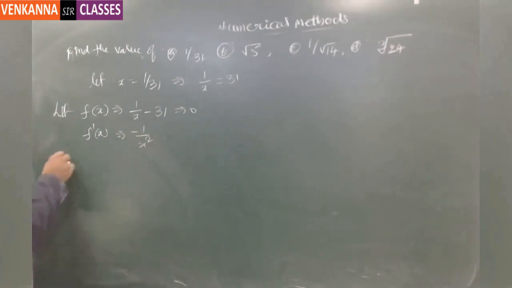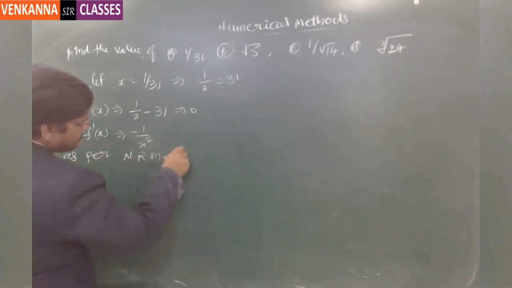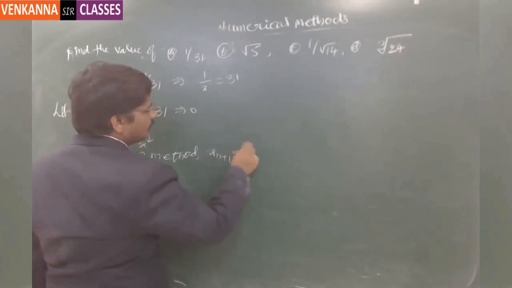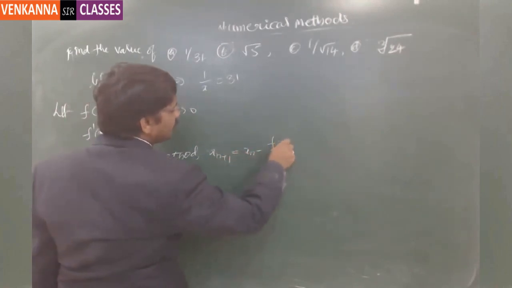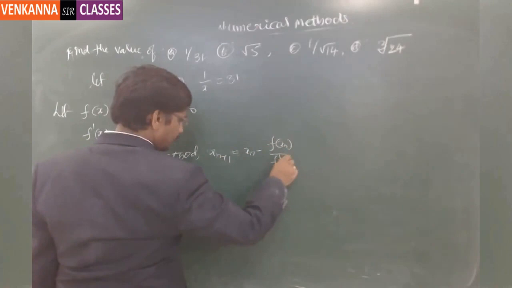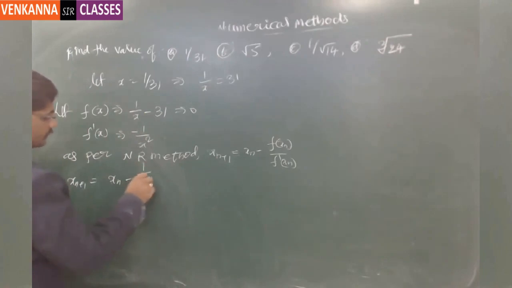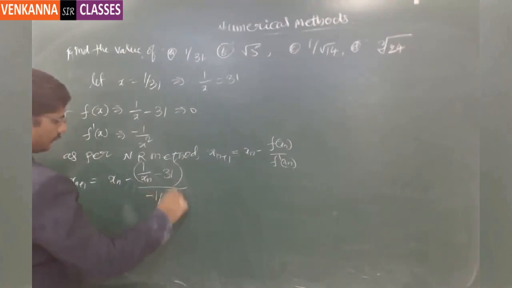And then as per NR method, xn plus 1 is equal to xn minus f of xn divided by f dash of xn. So this is as per the NR method. So xn plus 1 is equal to xn minus f of xn, which is 1 by xn minus 31, divided by f dash, which is minus 1 by xn square.